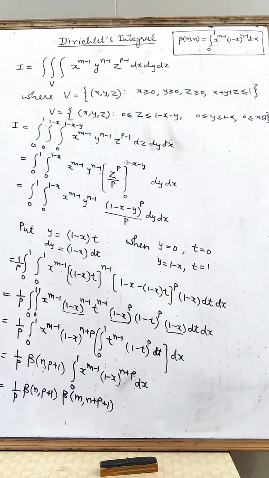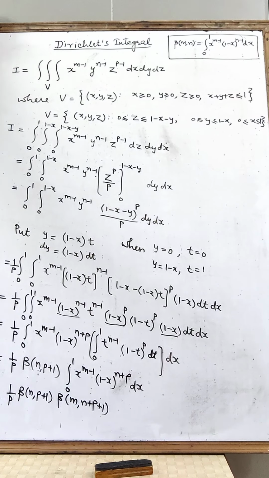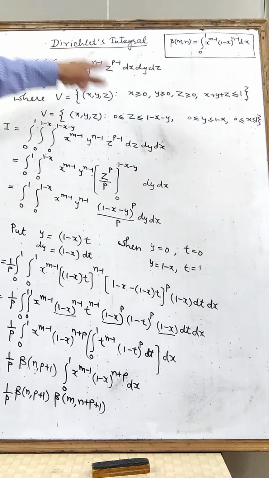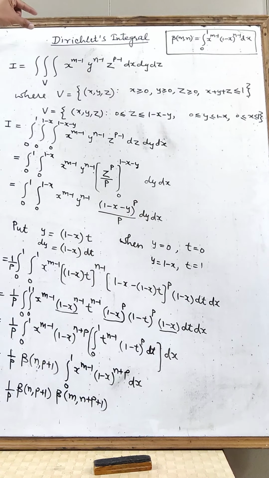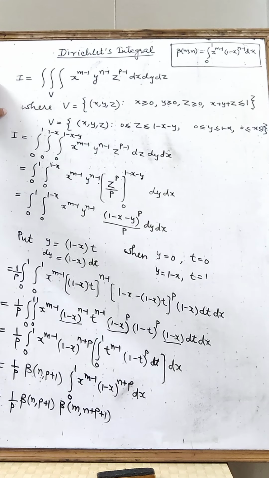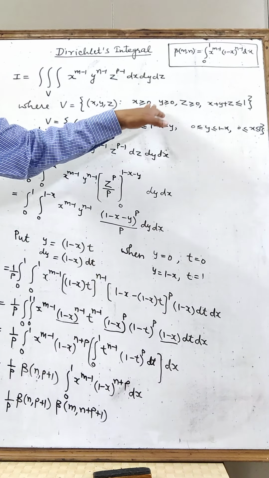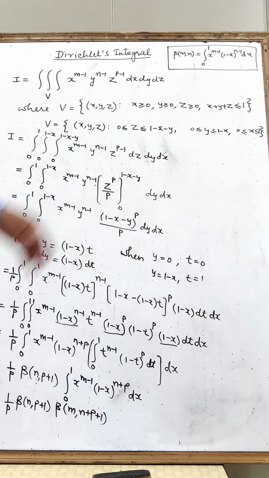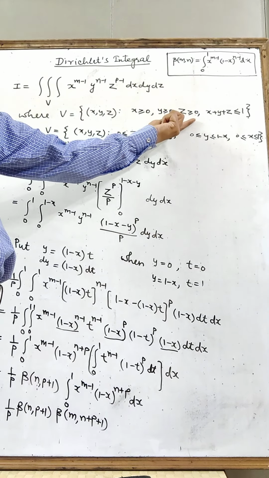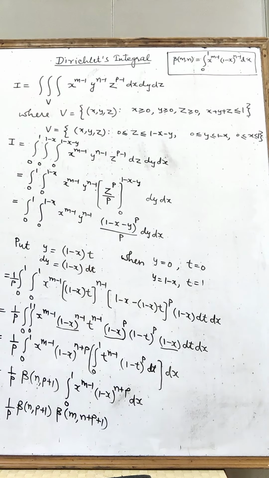Now students, again look, for any triple integral over this type of volume, always you have to keep in mind that Dirichlet integral would always be integrated over the spatial region or the spatial volume. You have to convert your region or the volume always in this spatial form when you will apply these type of results.